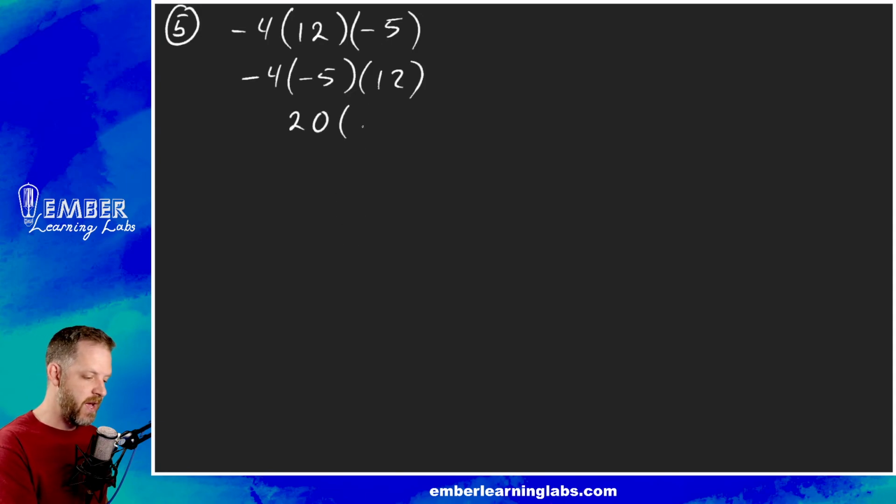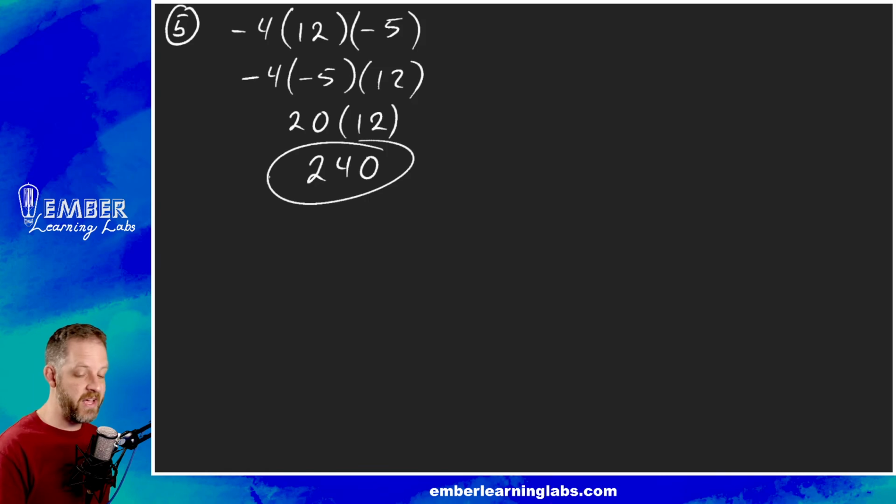That's no big deal. And then times 12. To do 20 times 12, we can just do 12 times 2 and add a 0, right? That makes our life super easy because 12 times 2 is just 24. And 24 with an extra 0 on it is 240. Easy peasy, lemon squeezy. That's multiplying integers.